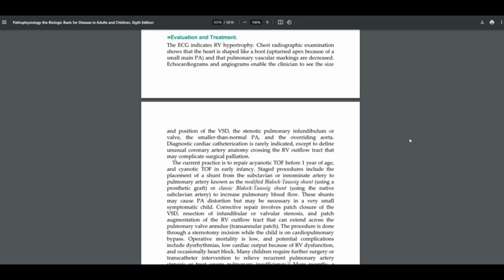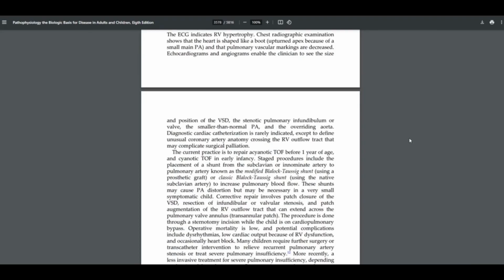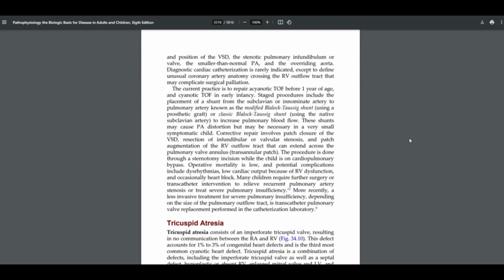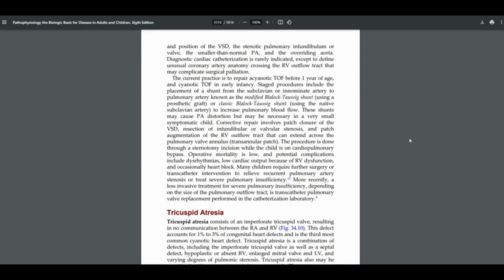Diagnostic cardiac catheterization is rarely indicated, except to define unusual coronary artery anatomy crossing the right ventricle outflow tract that may complicate surgical palliation. So the current practice is to repair the acyanotic tetralogy of Fallot before 1 year of age, and cyanotic tetralogy of Fallot in early infancy.